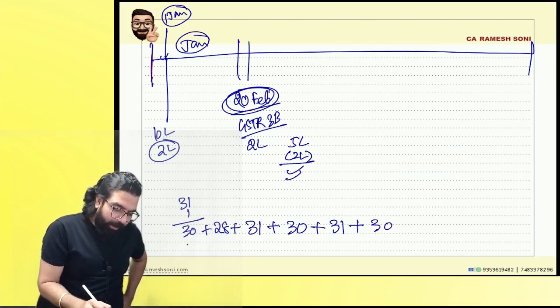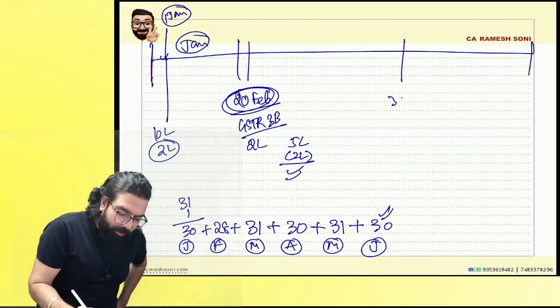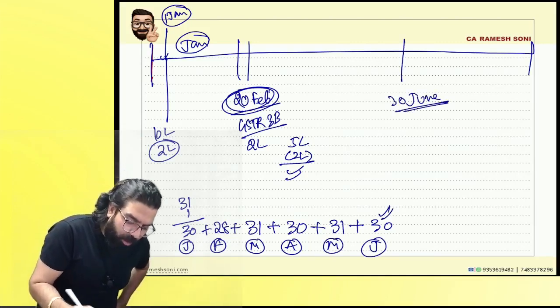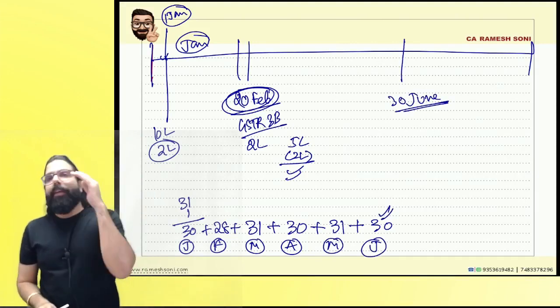So this is going to be January, February, March, April, May, June. 30th June, your 180 days gets over. Do you all agree with me?